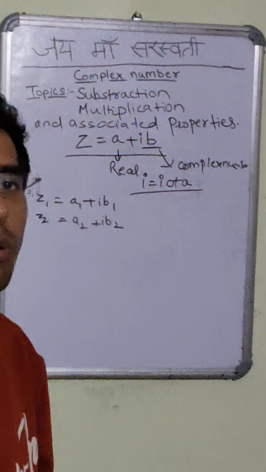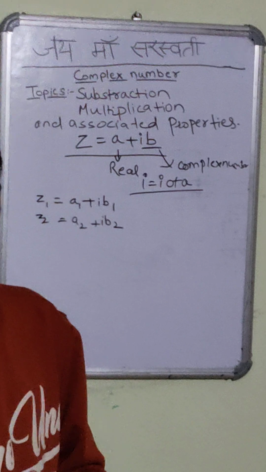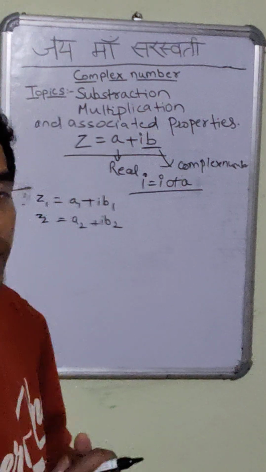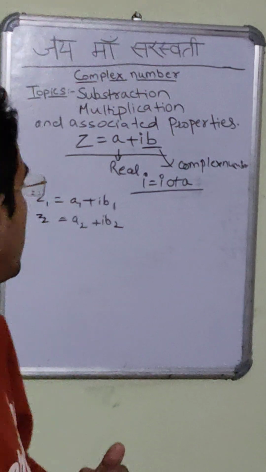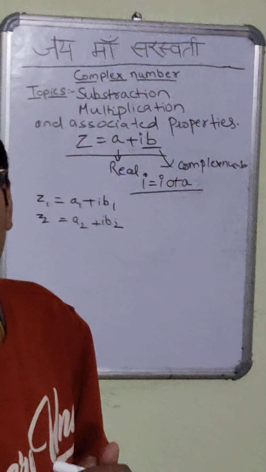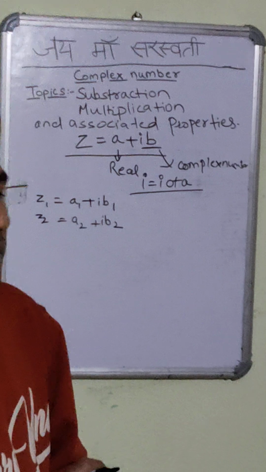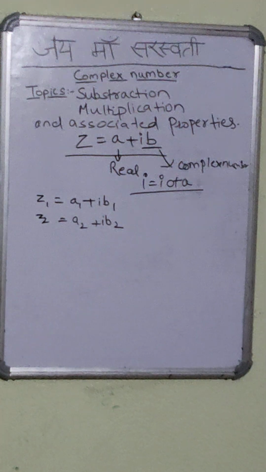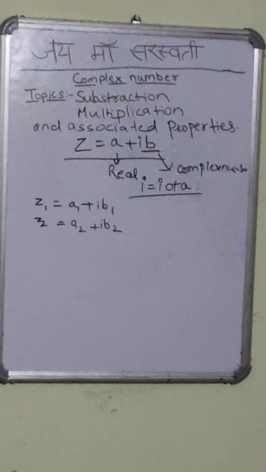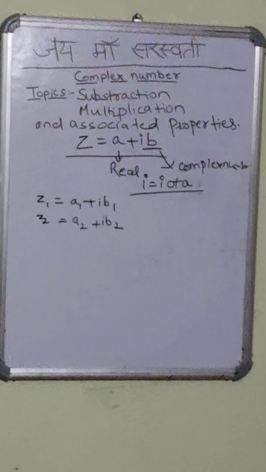So we have taken two complex numbers, and we will see how we perform the operation of subtraction on these two complex numbers.